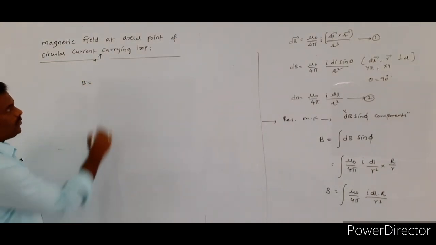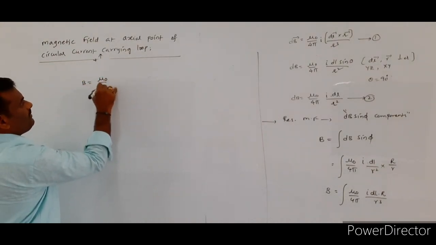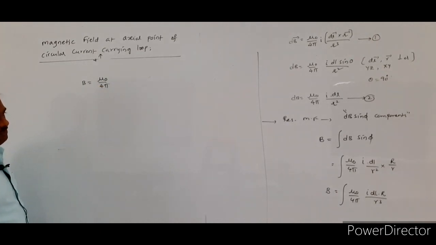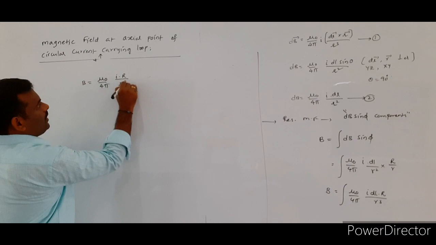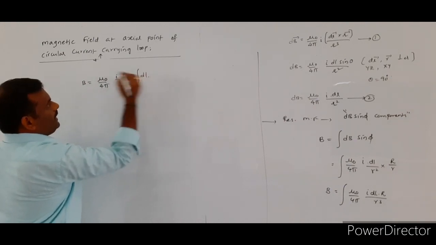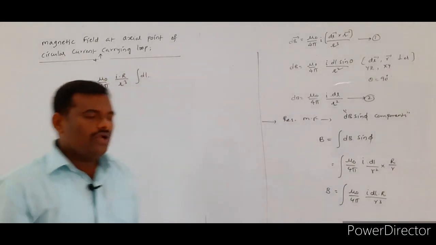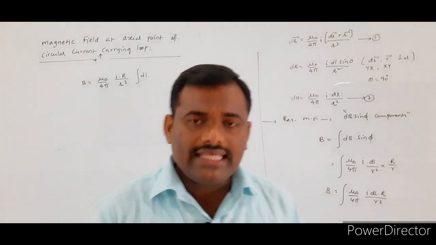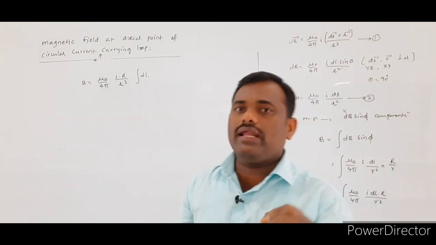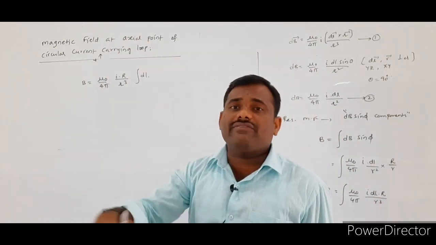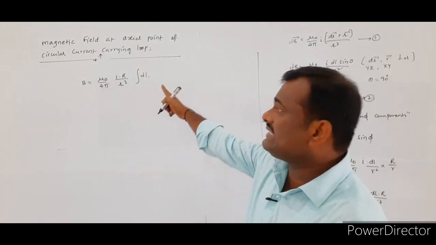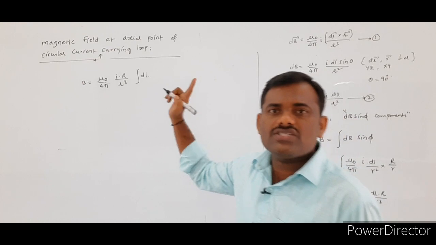B is equal to mu naught by 4 pi I into R by small r cube integral dl. What is the dl there? dl is indicating the length of the small element. So integral dl means the total length of the circular loop.